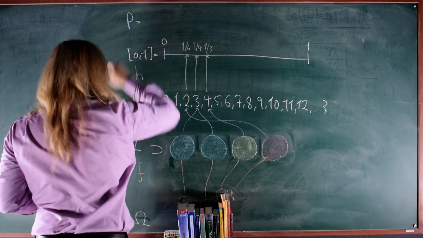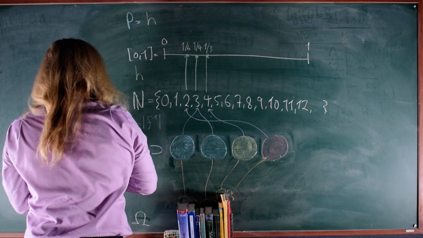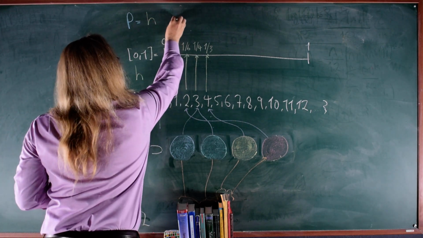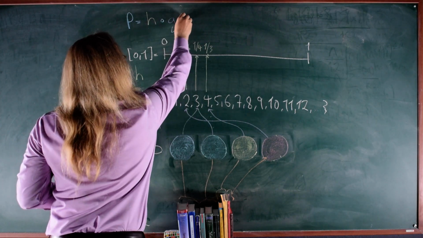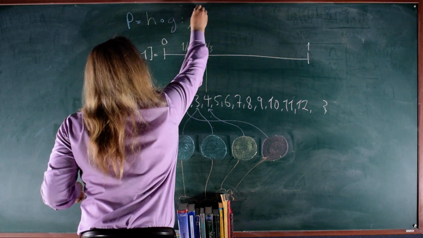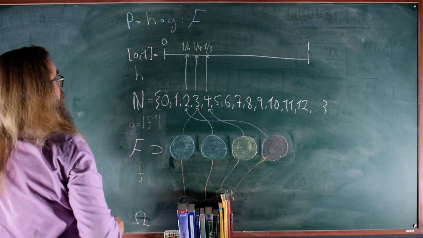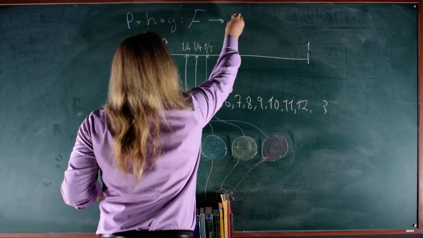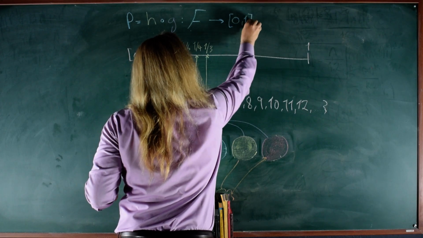So I take h and g, and I compose these. And what this function does, it goes from the colors, which is the event space, and it goes into the interval from 0 to 1.